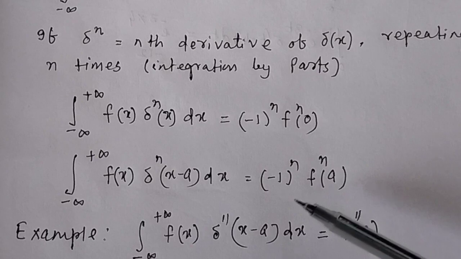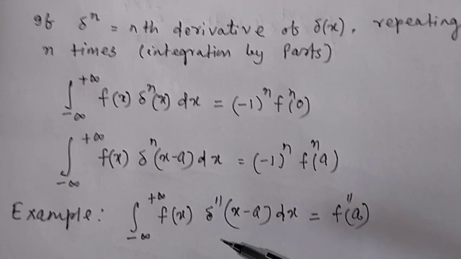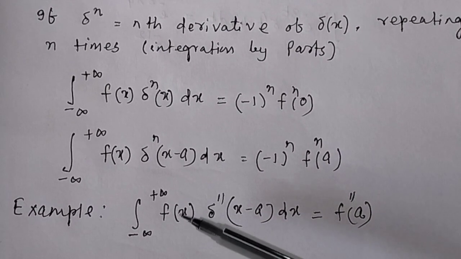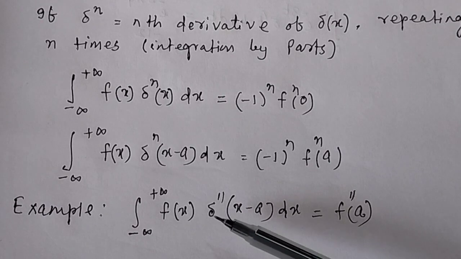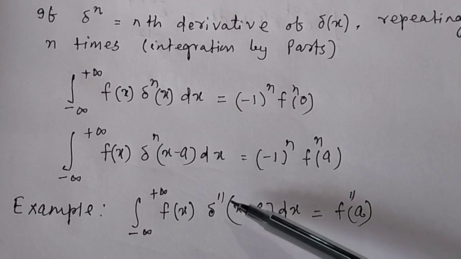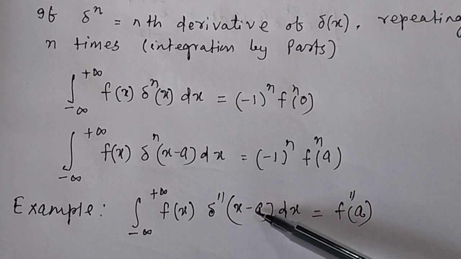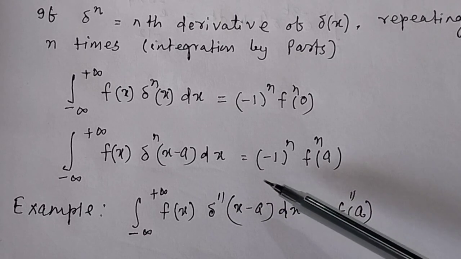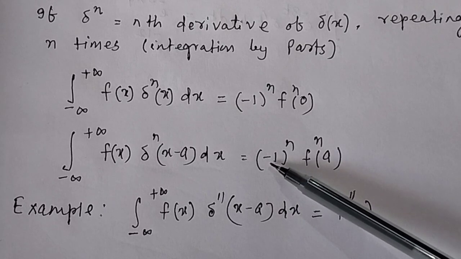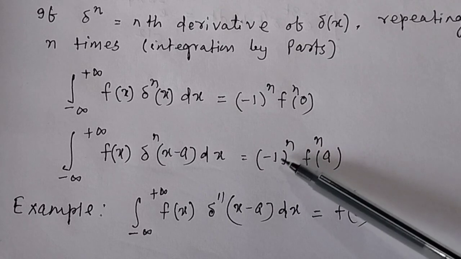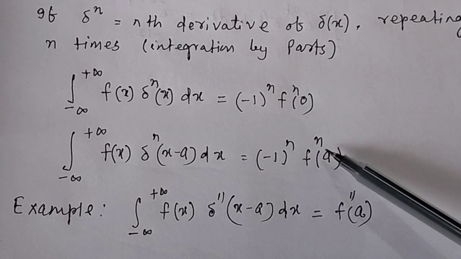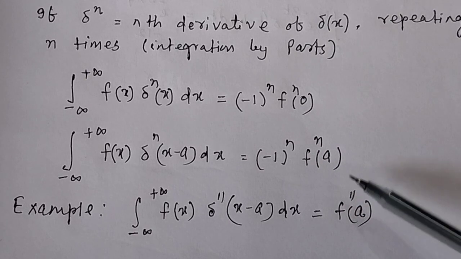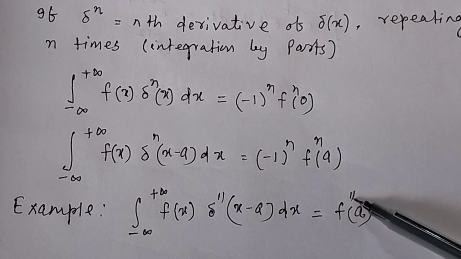Here it is at x equal to 0 and here at x equal to a. For example, suppose you are asked to evaluate the integral of f(x) times delta double dash, the second derivative of the delta function at x minus a, dx. Then what will be your answer? It will be equal to minus 1 whole to the power 2, which is equal to plus 1, times the second derivative of the function, f double dash at x equal to a. So f double dash a.